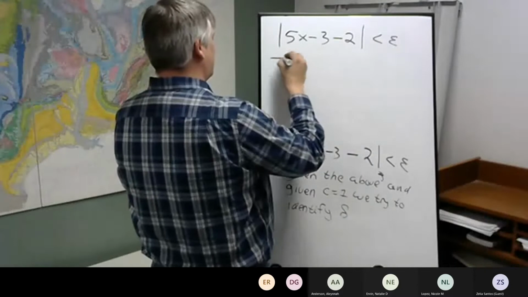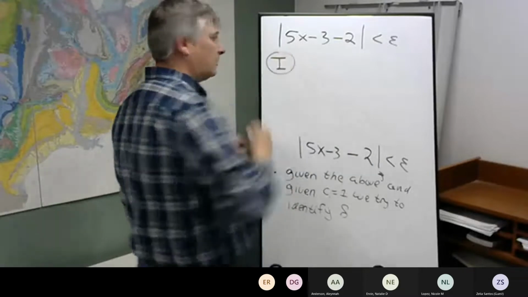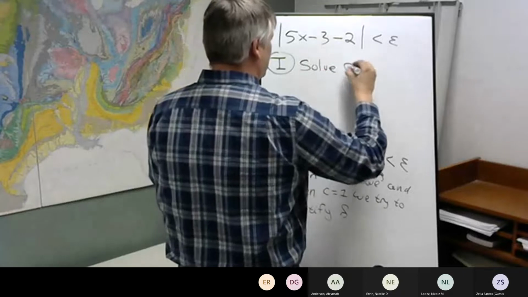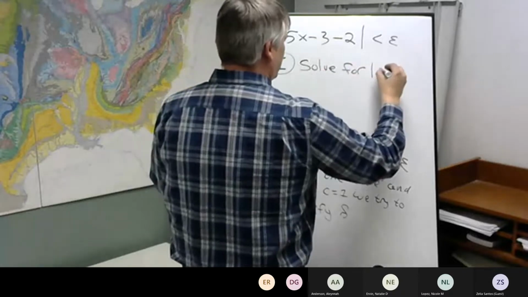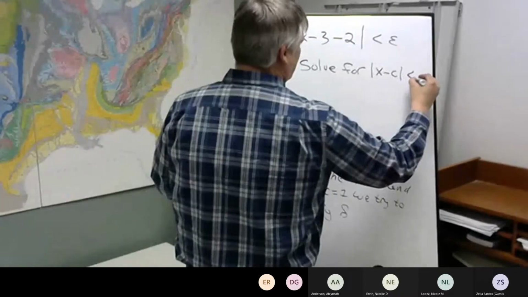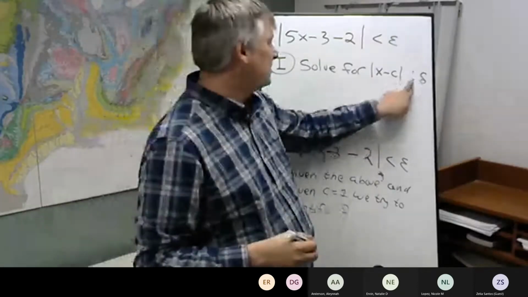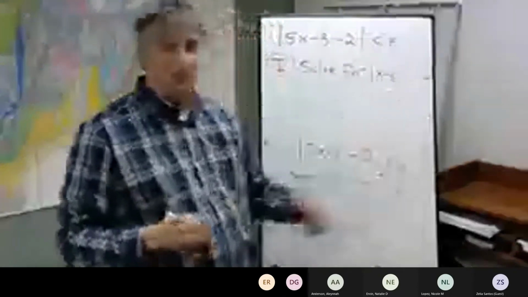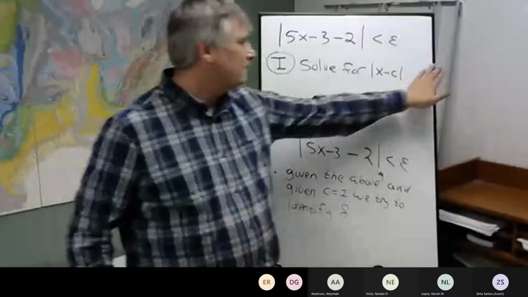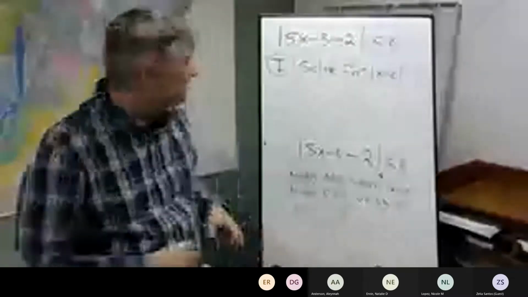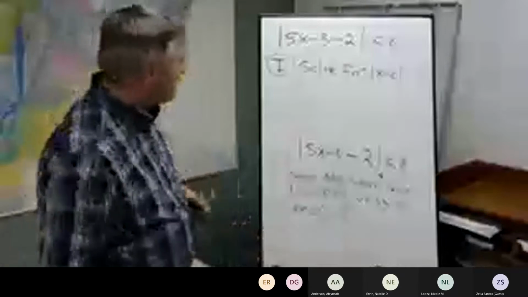I'm going to call this approach number 1. Solve for x minus c. In fact, I'm not going to put less than delta. I'm going to say solve for x minus c. And then what pops out on this other side tells us our delta. So solving for x minus c.